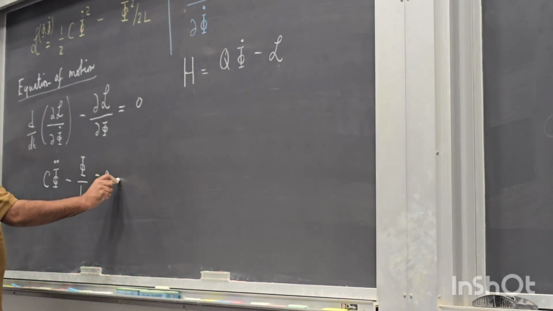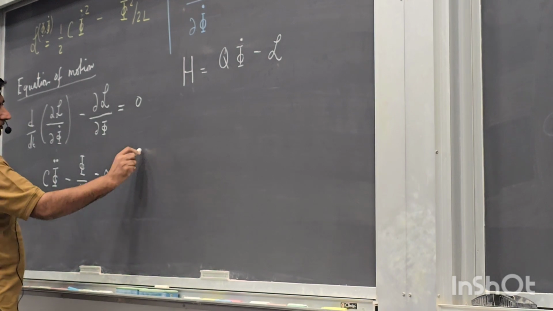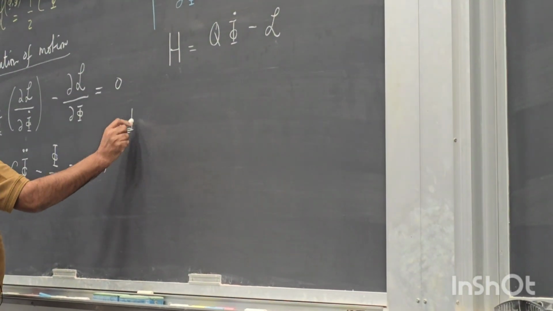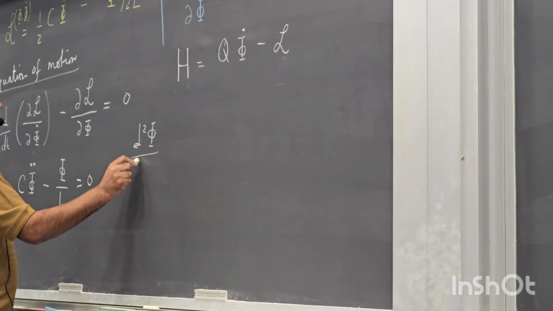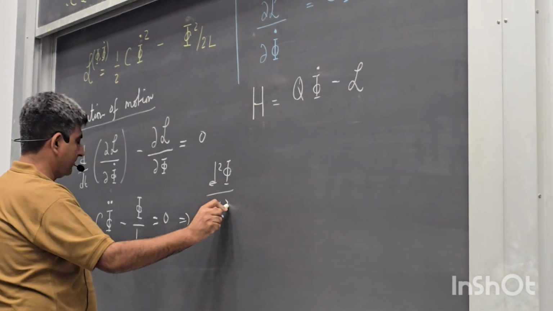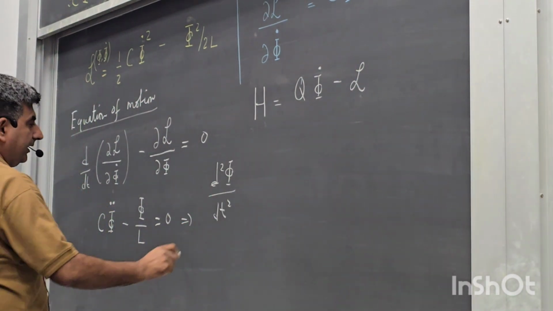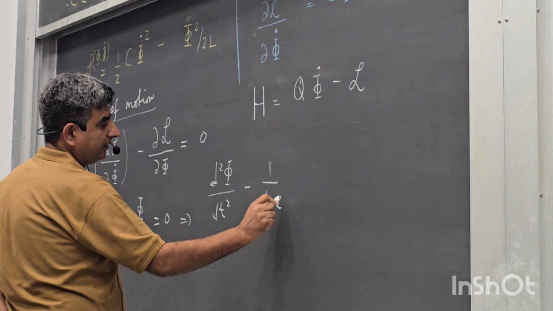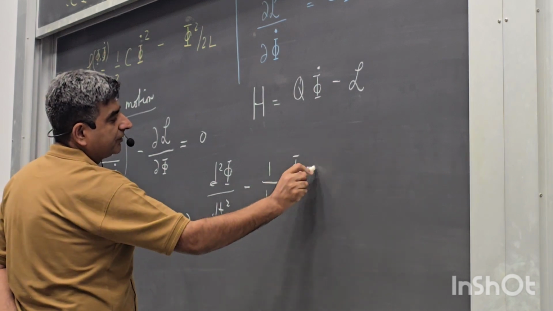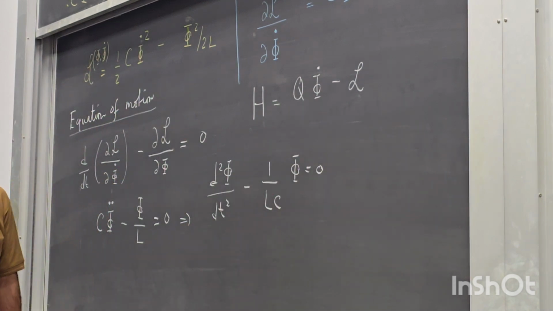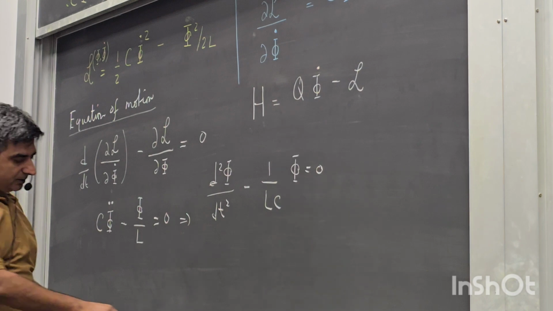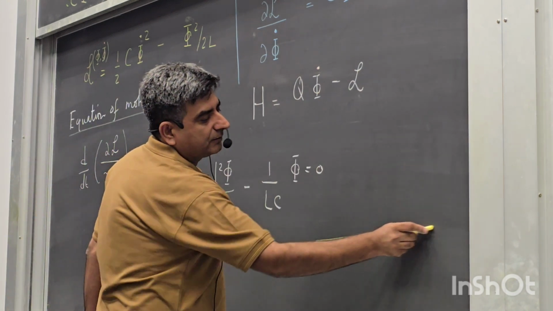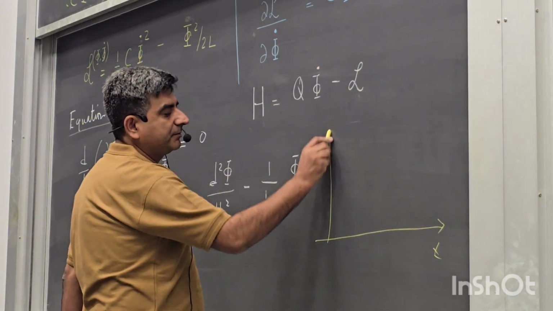So this will give me the double derivative of the flux through the system is going to be equal to minus 1 over LC times phi. So this is the equation of motion. And the equation of motion, when solved, will give me, with respect to time, the flux.